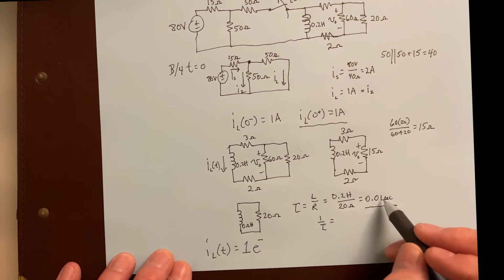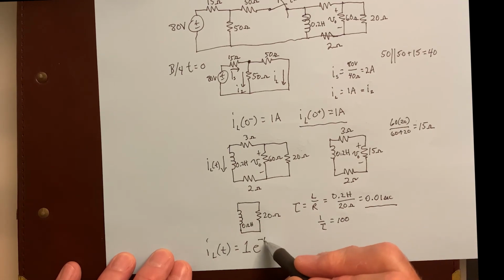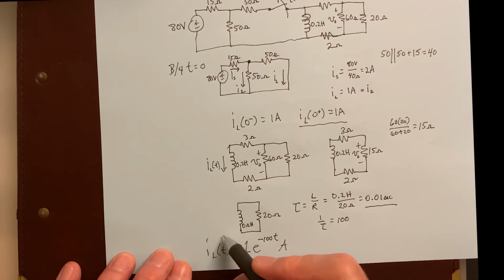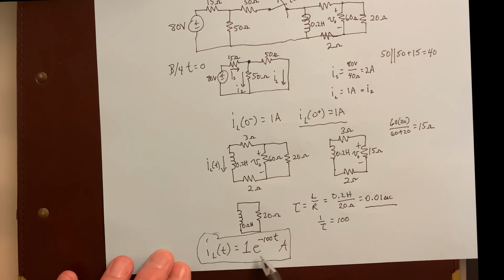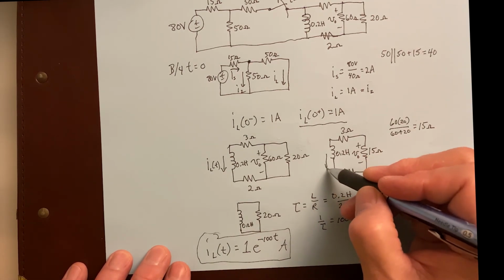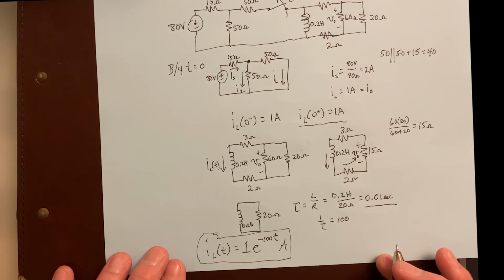Since this is 1/100th, 1 over that is going to be 100. So 100 t amps. So there's our I. That's the current that is flowing here. That's also the current that's going here, and will also be the current that goes up through that guy right there.